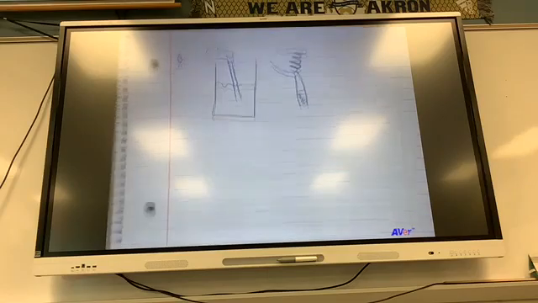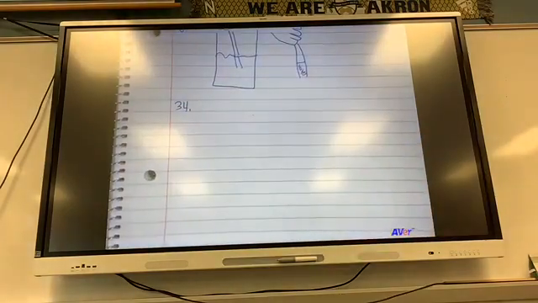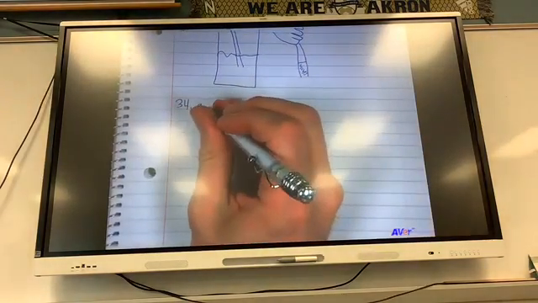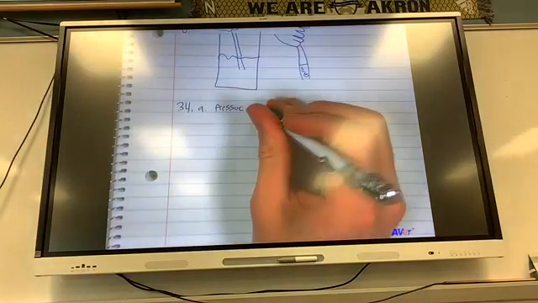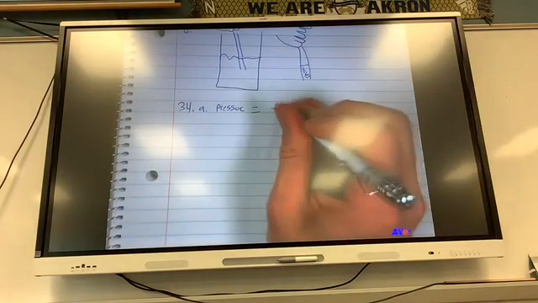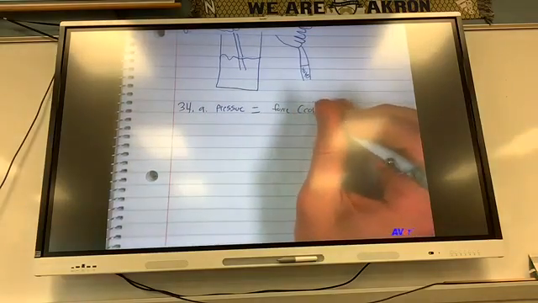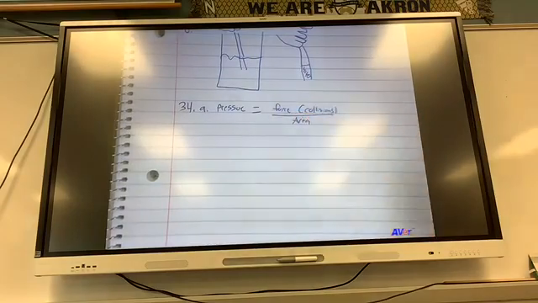Okay, so on 34, we're looking at something different for each one of these scenarios, right? So for 34A, we are looking at pressure. Agreed? Yeah. And how do we define pressure? It's force, right? Also known as collisions, over area.